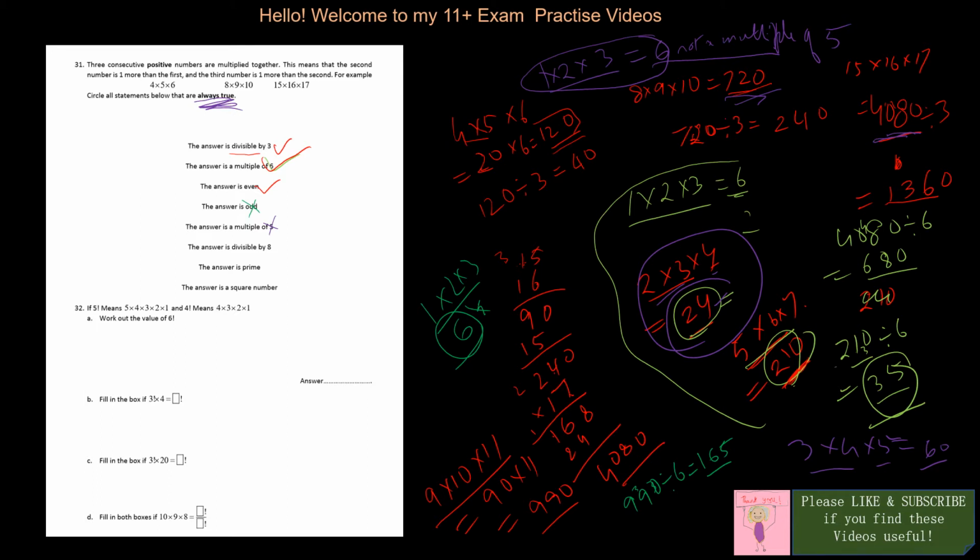If 1 times 2 times 3, 2 times 3 times 4 is 24, which is divisible by 8. 210 is divisible by 8? 210 divided by 8, 8 times 2 is 16.